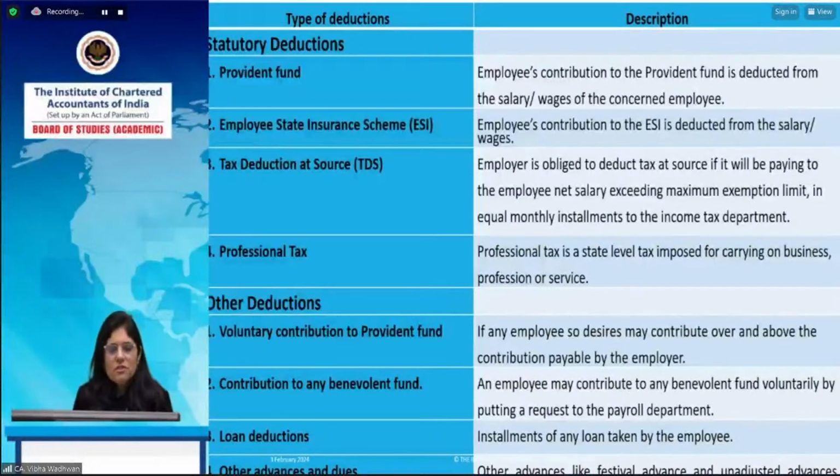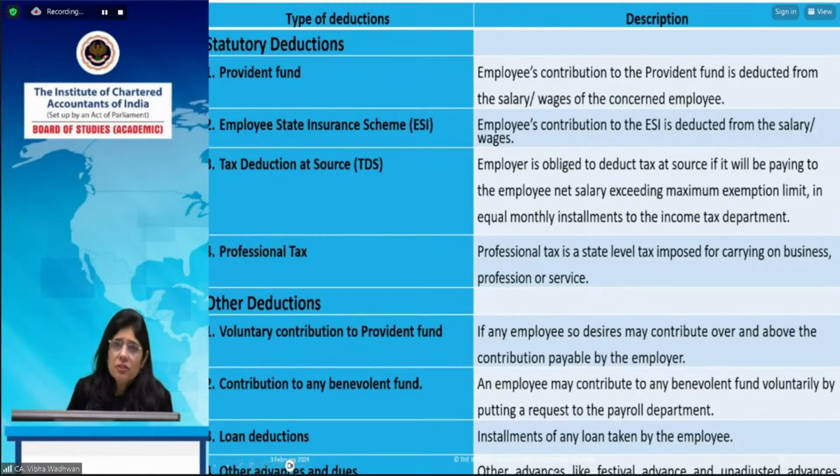Other deductions: voluntary contribution to provident fund. So let us say if rupees 1,000 is deducted, but the employee wants a higher deduction, a higher contribution in PF, then that is deductible. Contribution to any benevolence fund, or any other fund which is available, again the deduction is made.